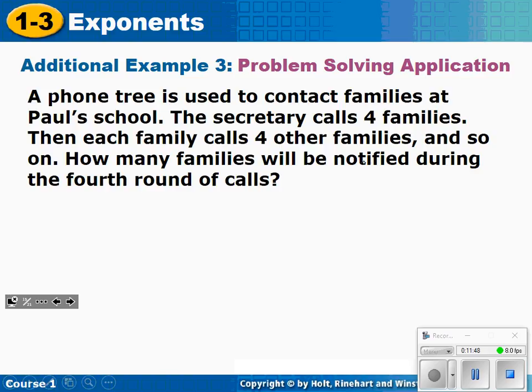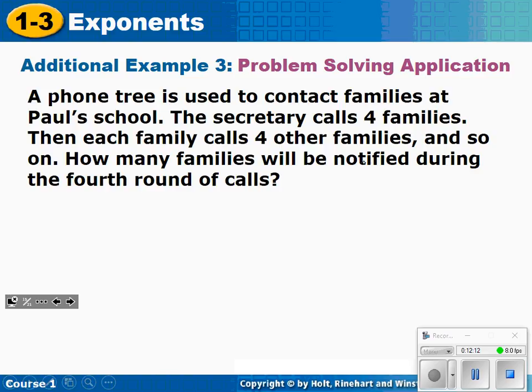Then you call 4 people, and you call 4 people, and you call 4 people, and you call 4 people. So now all of a sudden we went from me calling 4 to the next group each calling 4. So 4 and 4 and 4 and 4. That's going to be how many? 16 people are called on the next level.